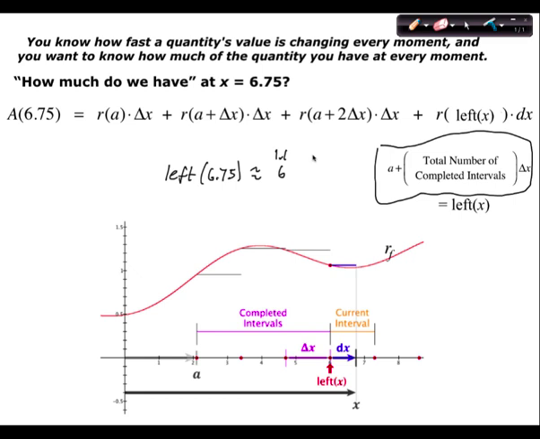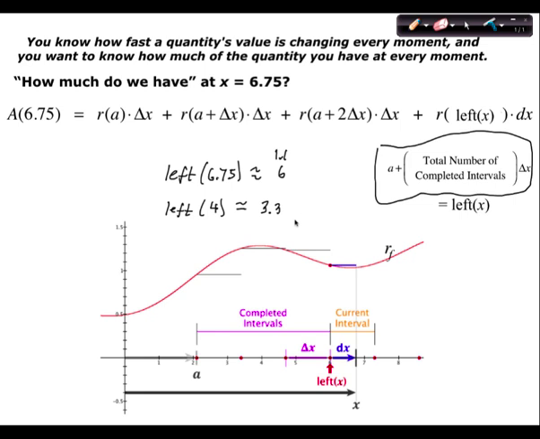Okay, so now what's left of 4 about? If I said left of 4, what would you estimate left of 4 is? About 3.3. Do you see that? It's the beginning of the current interval, right?